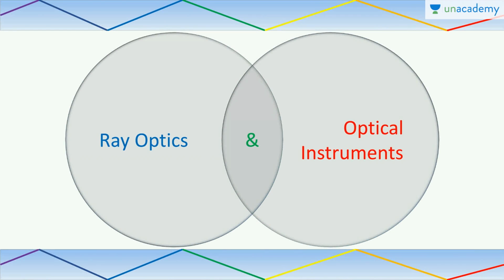Hey guys, here I am about to start a new course on the topic of ray optics and optical instruments. Now, ray optics is the study of the interaction and scattering of electromagnetic radiation, seemingly behaving as rays of light energy particles traveling in a straight line and scattering or deviating from its original rectilinear path when it travels from one medium to the other.